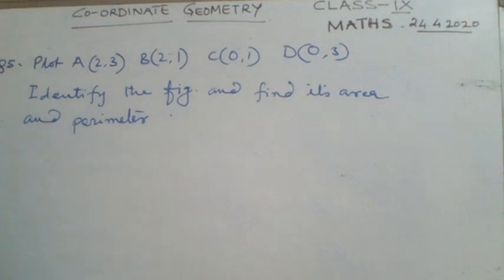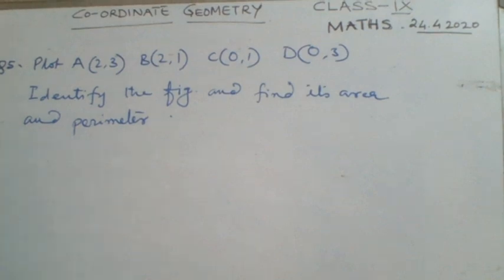First, you try to do question number 5: plot these points, identify the figure and find its area and perimeter. This is very simple. Please try this, then we will take question number 4 and 5 on the screen graph.